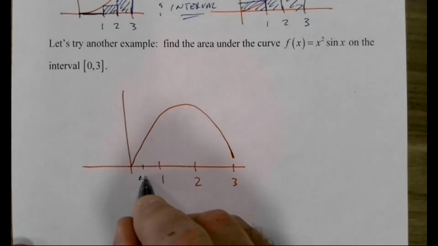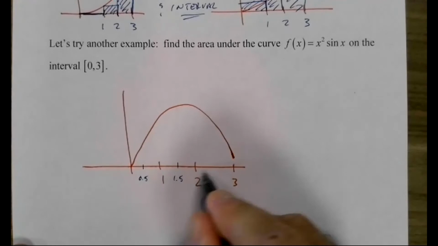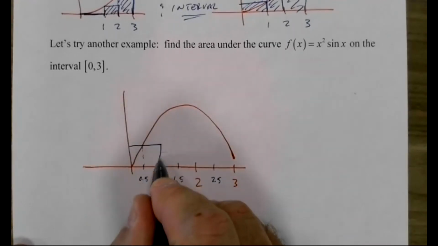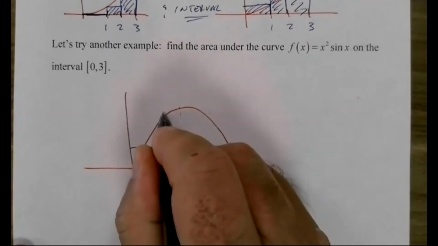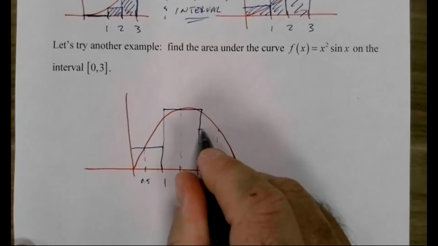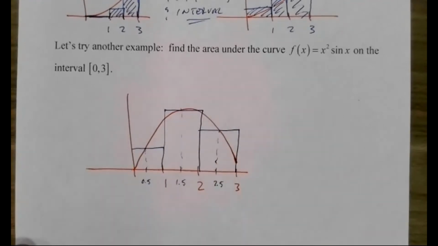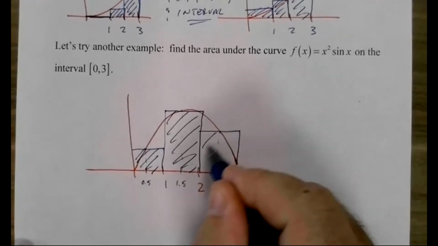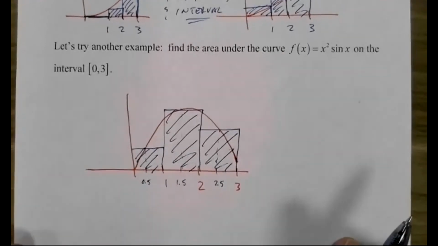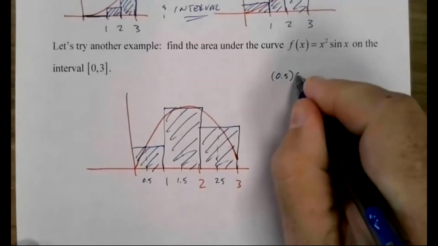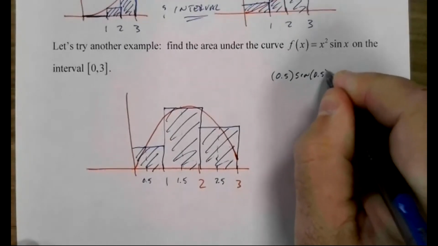So we go to 0.5, 1.5, 2.5. We bounce up here and we make our square. We bounce up here and we make our square. We bounce up here, we make our rectangle. I've been saying square, that's a rectangle. You say, what are the areas of all these rectangles? Hopefully that's about right. It's at 0.5, 0.5 times sine of 0.5.